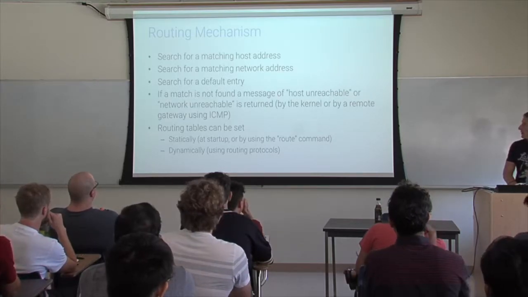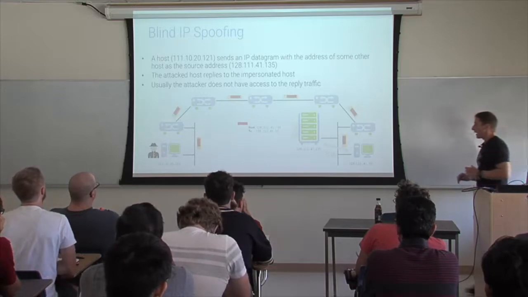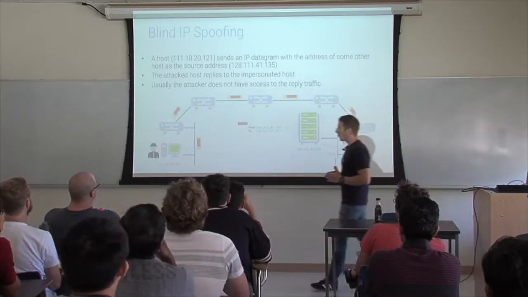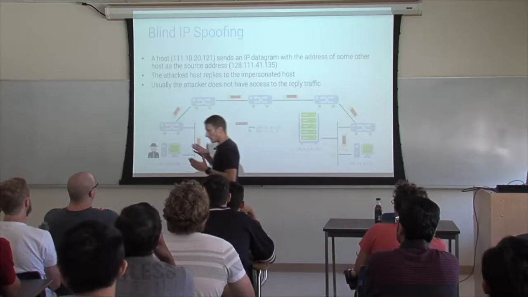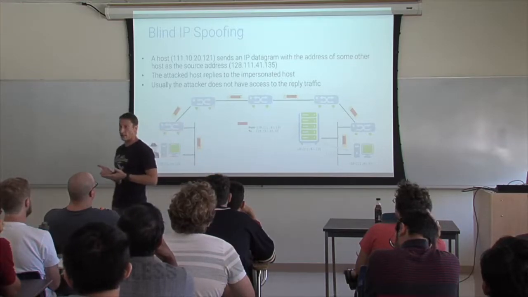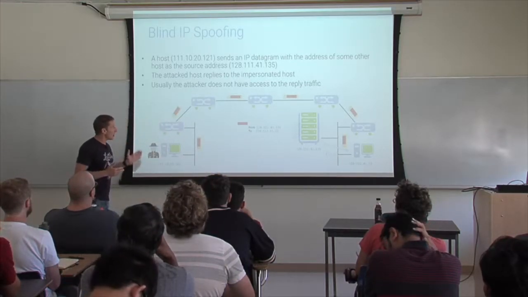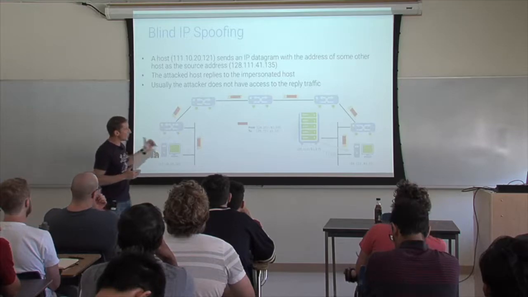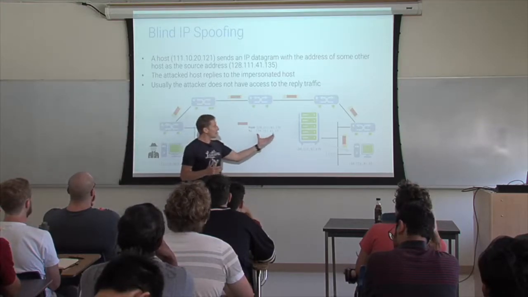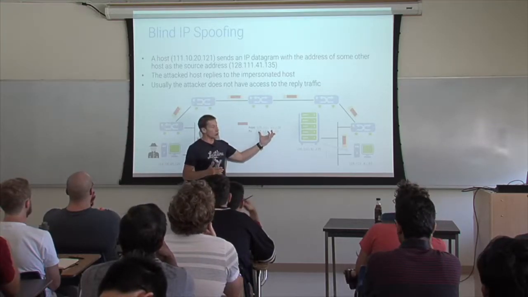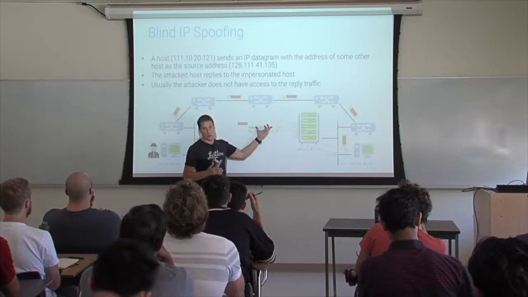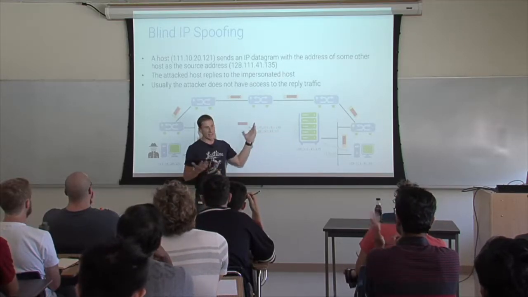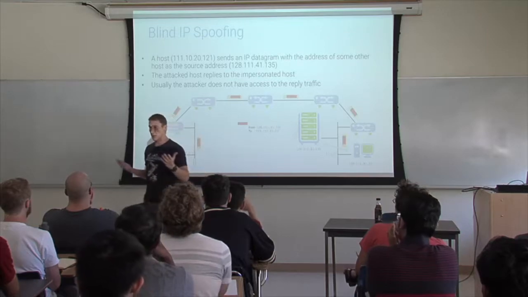So let's look at IP spoofing in its basic form. We saw IP spoofing in a directly connected network. When you perform routing, since routing is fundamentally based only on destination, you can send your packet as spoofed exactly as you would in a directly connected network.